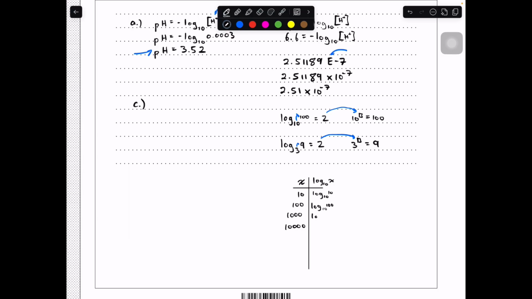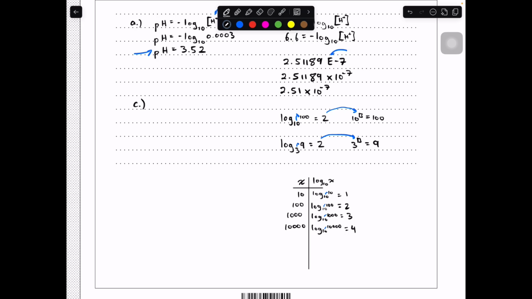So these are the x values. When x is equal to 1,000, we have log base 10 of 1,000. When x is equal to 10,000, it's log base 10 of 10,000. And in this case, we're again asking the same question. 10 raised to what power gives us this? Well, this is equal to 1. 10 raised to the power of 2 gives us 100. 10 raised to the power of 3 gives us 1,000. 10 raised to the power of 4 gives us 10,000.